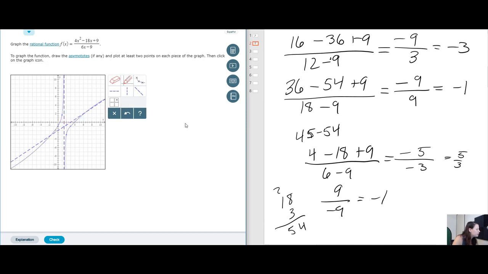If we graph it, that looks a little weird, doesn't it? Okay. Did we do everything right? Is our oblique right?